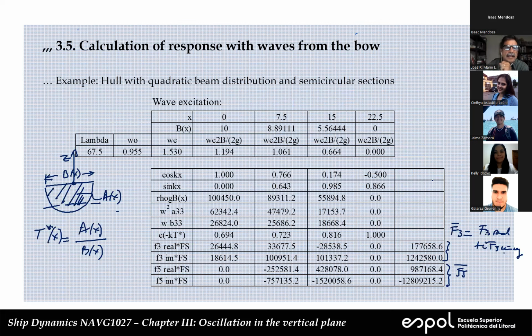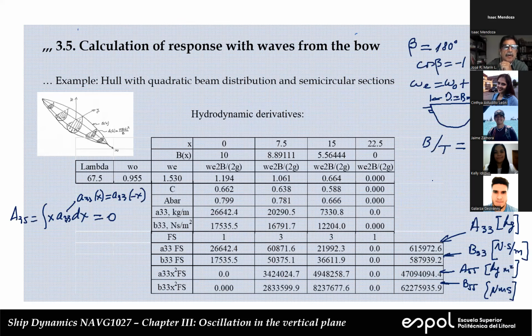Any integral of the first moment is going to be equal to 0. Similarly, for example, if you get the C35, it is equal to the integral of x b of x dx, and in this case, b of x is equal to b of minus x.